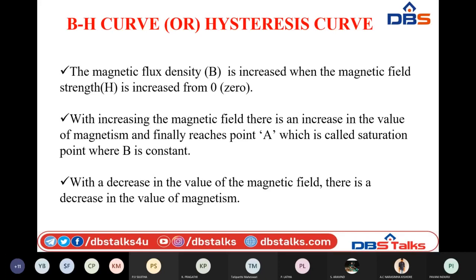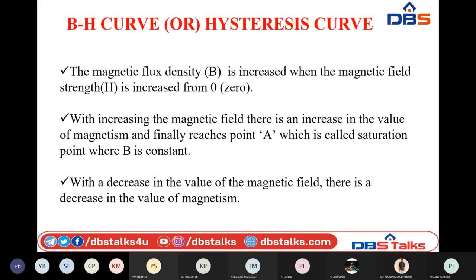This is very quick at the initial stage, and after some time it will increase very slowly and finally reach one point A, which is known as the saturation point. At this saturation point, the magnetic flux density value is constant.